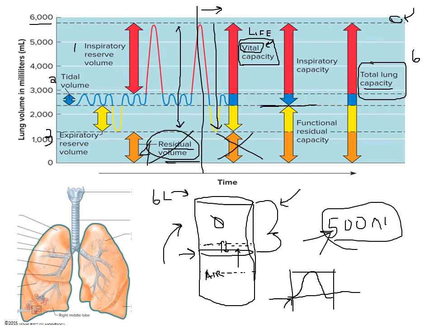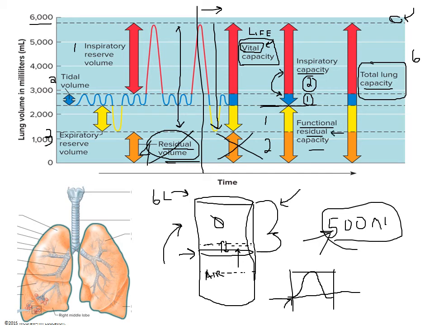So at the bottom of a normal breath, how much can I breathe in? It is going to be the tidal volume, which is this one, and then the inspiratory reserve volume, which is this one. So the inspiratory capacity is the combination of those 2. The last capacity is called the functional residual capacity, and it is the combination of the bottom 2.